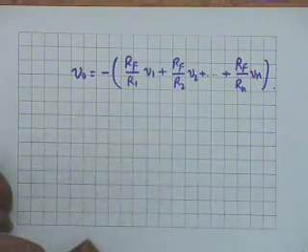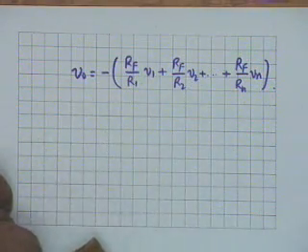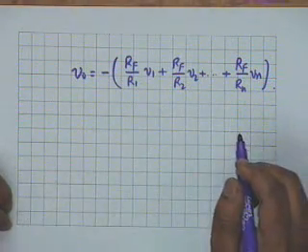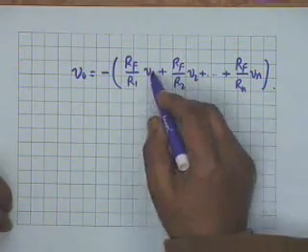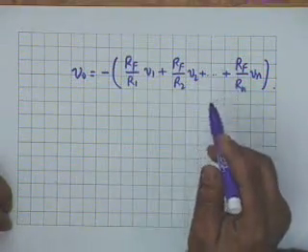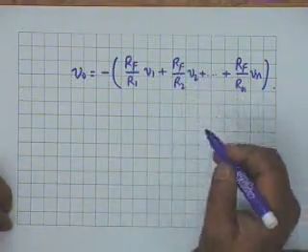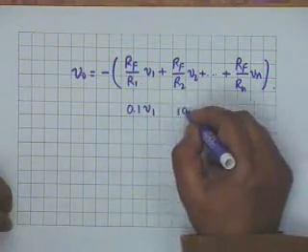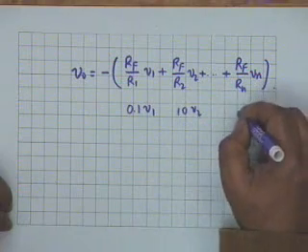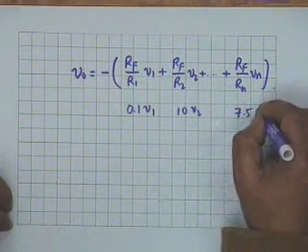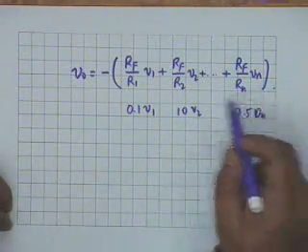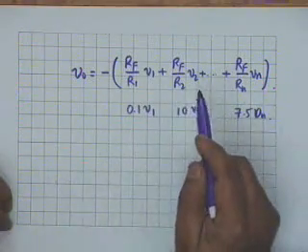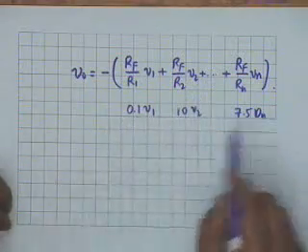And you see that this is not a simple addition, this is a weighted addition of various voltages. V1 is weighted by Rf by R1, V2 by Rf by R2. For example, you may want 0.1 V1 to be added to 10 times V2 to be added to let us say 7.5 times Vn. Then you choose an Rf and you choose R1, R2, Rn such that you get these factors.